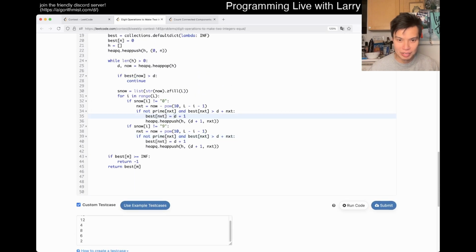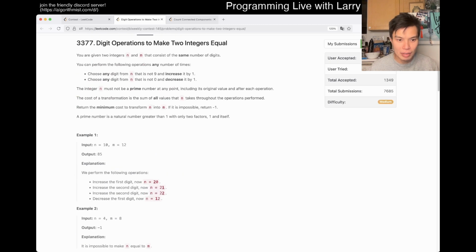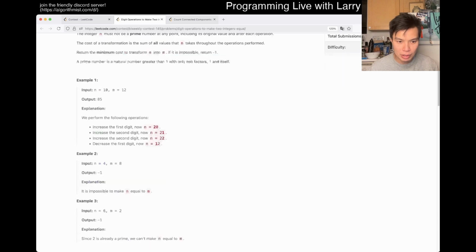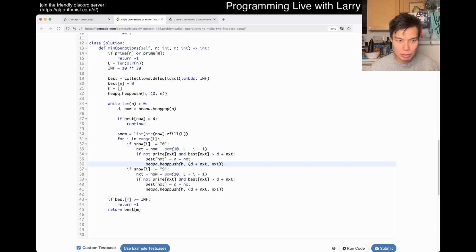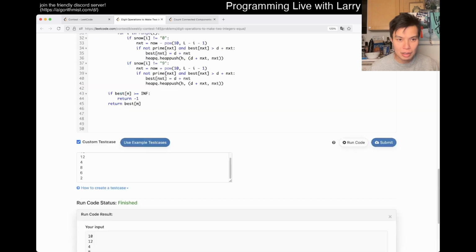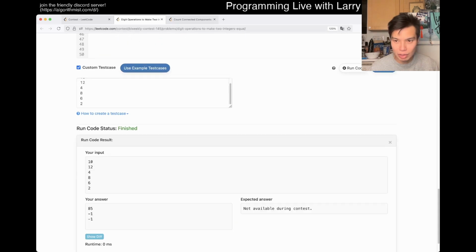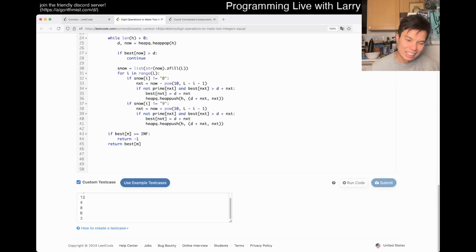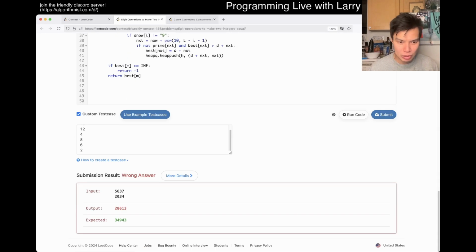You still have to fix this part, Larry. This is why you try to not duplicate code. Okay, fine. 75 plus 10, so I think we do need the original number. So that means that this is going to be n, and this is n. Okay. Yeah, YOLO.